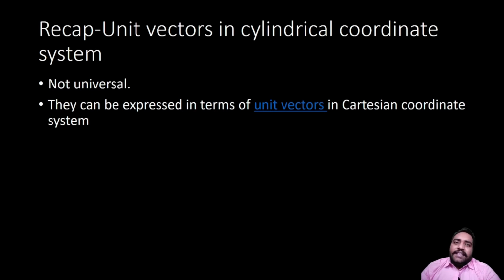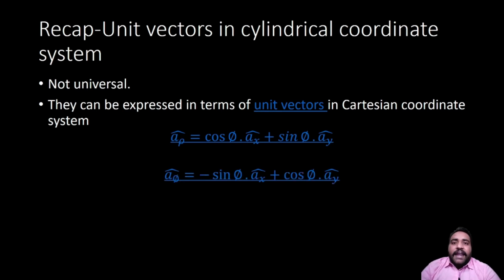We have seen that last class, where a rho cap is given to you by cos phi ax cap plus sin phi ay cap, and a phi cap is given to you by minus sin phi ax cap plus cos phi ay cap, and what is constant in cylindrical coordinate system is a z cap.